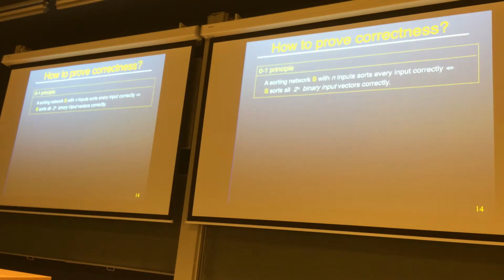That's a major achievement, of course, because instead of an infinite number of inputs, now we have reduced the proof to a finite number of inputs, because now we have only to check 2 to the power n binary inputs, and that's a finite number. So in principle, we could prove just by checking each input vector that our sorting network is correct.